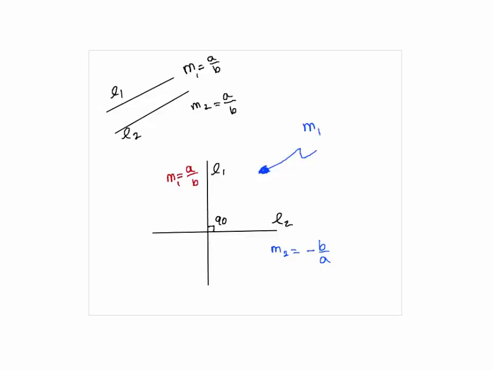What is m1 times m2 equal to? Negative 1. Very good. So if two lines are perpendicular, the product of their slopes would be equal to negative 1. If two lines are parallel, the slopes would be exactly the same.